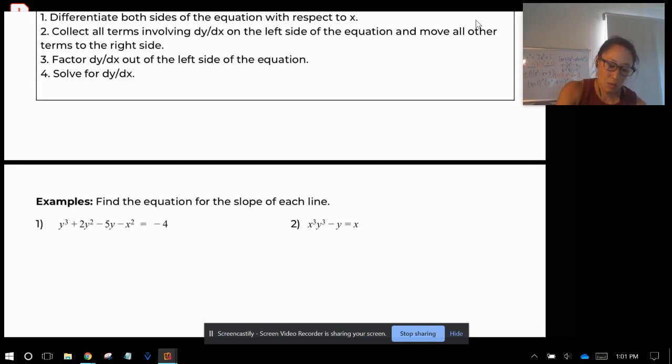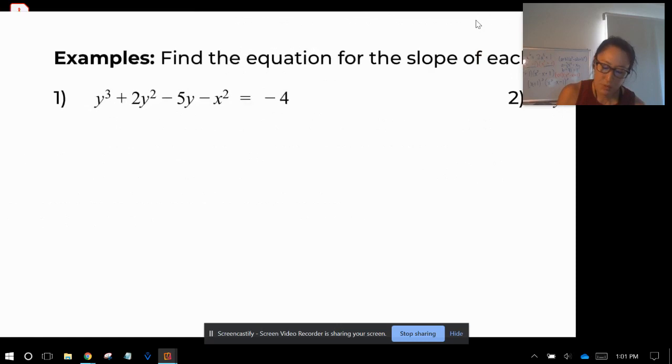Okay, so first off, I can see we have an implicit equation because we have x's and y's on the same side of the equal sign. So we don't have a y equals. We take the derivative of the first part, which is 3y squared, tack on our dy dx, plus the second part, which power rule says is 4y.